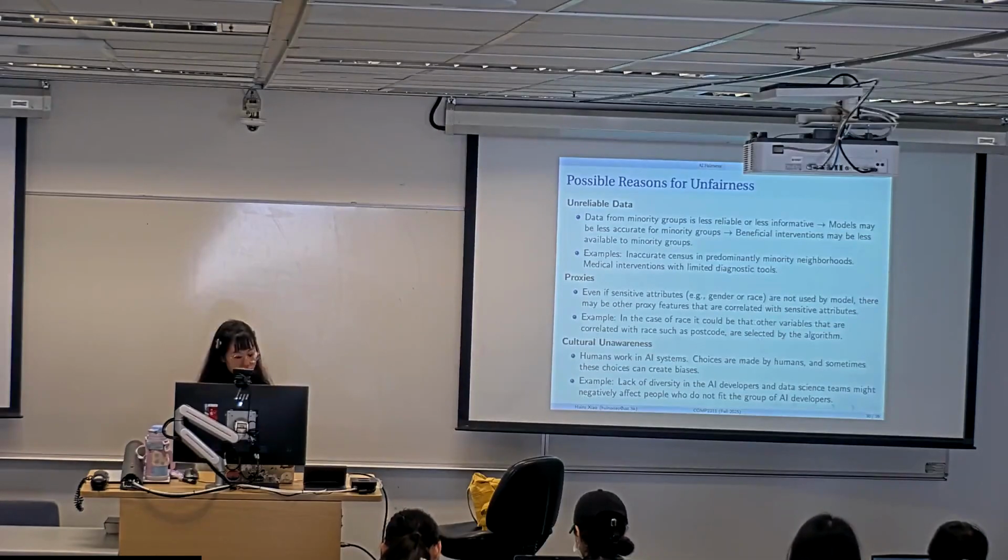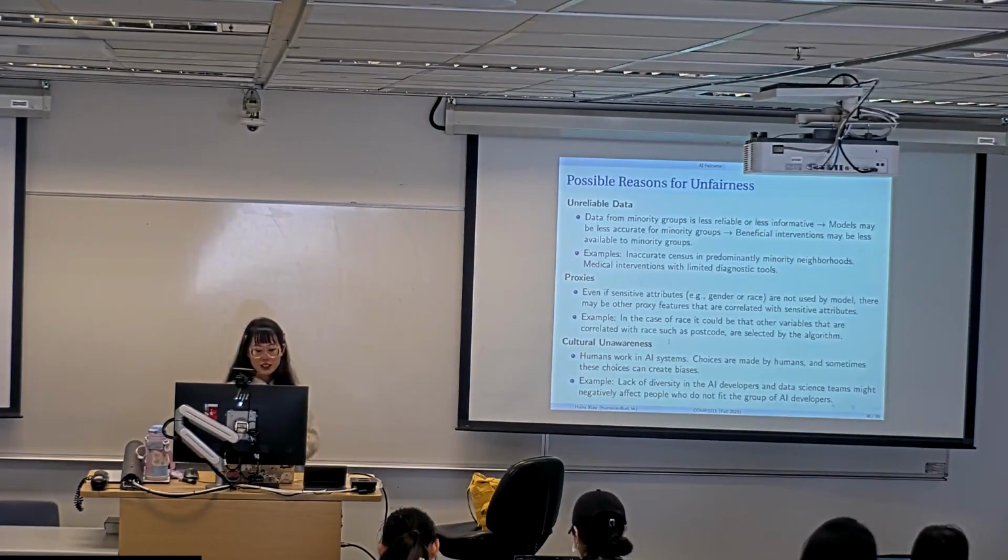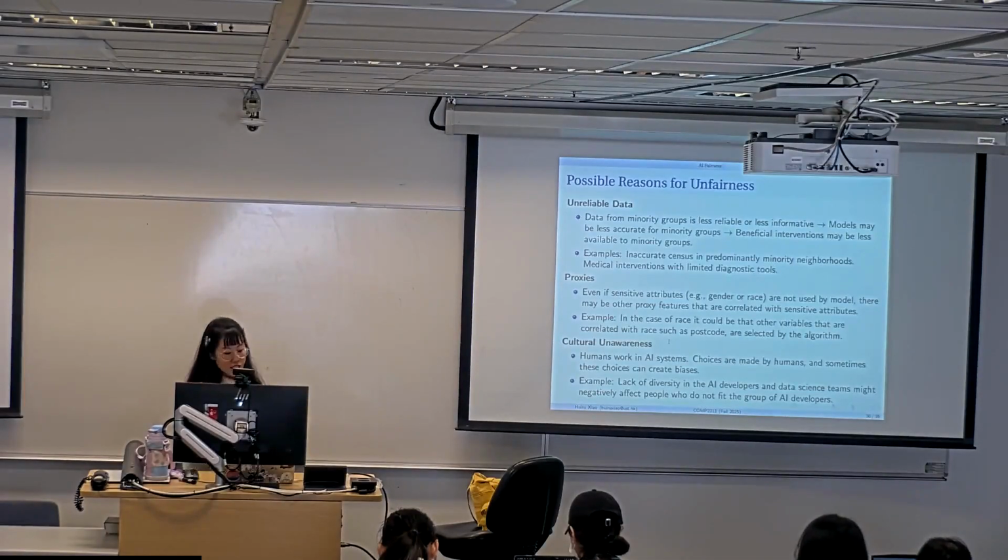The last but not least possible reason for unfairness is the cultural unawareness. We know humans work in AI systems. The choices are made by humans, and sometimes these choices can create biases. For example, the lack of diversity in the AI developers and data science teams might negatively affect people who do not fit the group of AI developers.